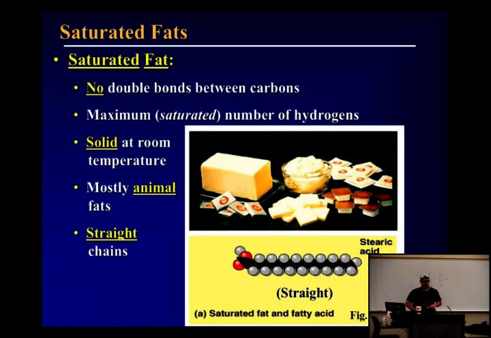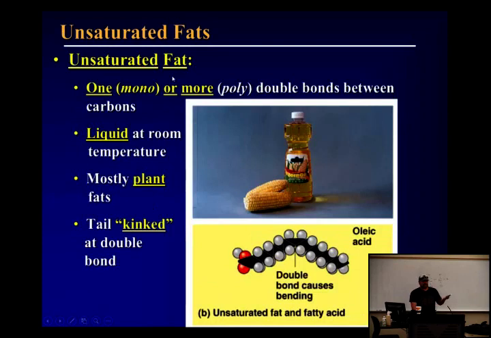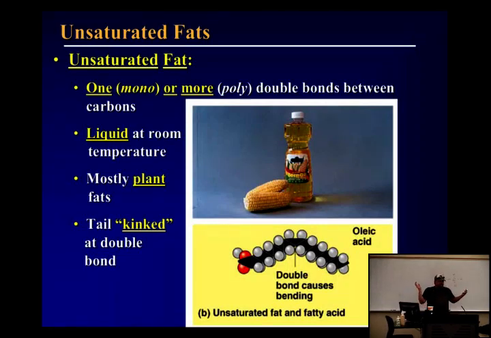Make sense? So saturated fats, no double bonds, solid at room temperature, animal fat, straight chains. Unsaturated fats, they're the same, except they have double bonds that cause them to bend. So there's monounsaturated fats. What do you think that means? I'll give you a hint. It has to do with the number of double bonds in it. Yeah.